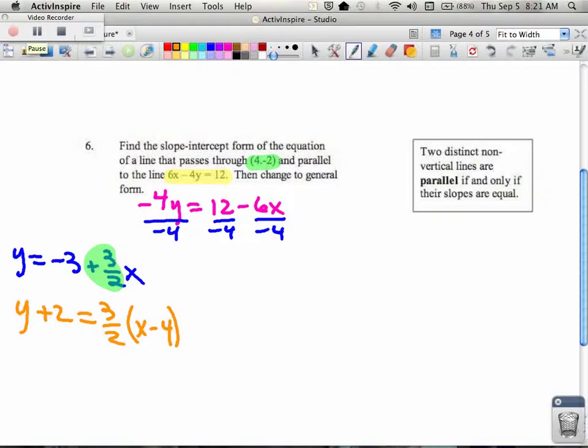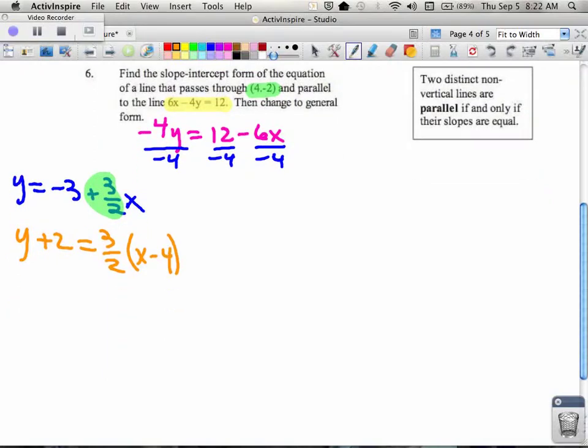If I want to put this in slope intercept form, I probably should distribute the 3/2 to each of the pieces in the parentheses. So now, in order to change this, when I multiply the 3/2 through, I will get y plus 2 equals 3/2 x minus 3/2 times 4, which is really like 4 over 1.